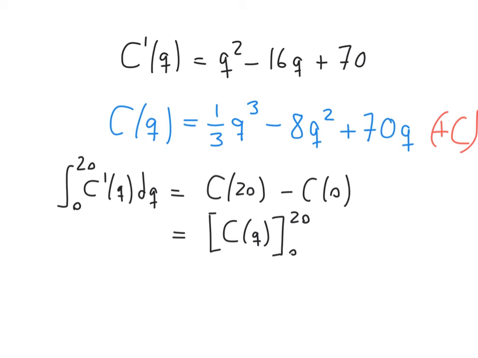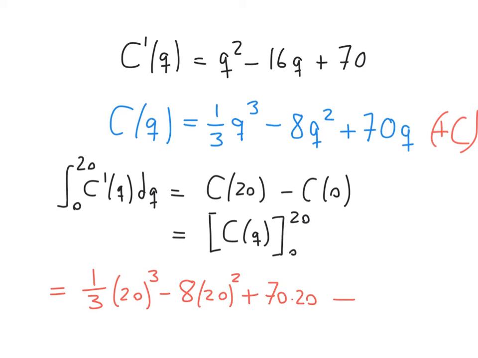So all we need to do now is plug in, right, take our function C here, capital C, and plug in 20 and plug in 0. Okay, let's do that. So that would be 1/3 times 20 to the third, minus 8 times 20 squared, plus 70 times 20.